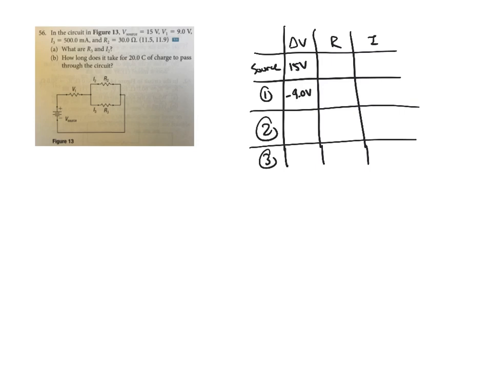They tell me I3 is 500 milliamps. Once again, have to convert that to amps. So divide 500 by 1,000, and I get 0.5. And they have 4 sig figs there, so I'm going to copy all 4 down. And then they say R2, resistance of load number 2, is 30.0 ohms.